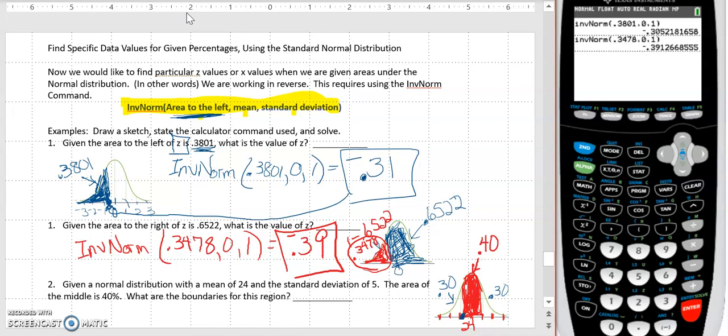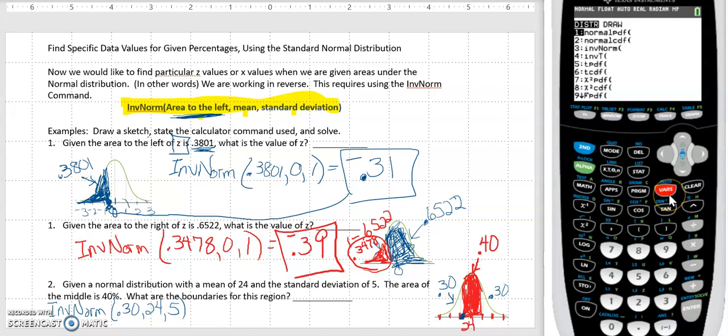So my command for this one, I'm going to find both boundaries, but one of them is going to be inverse norm, area to the left, which is 0.30, mean 24, and standard deviation of 5. So going back over here, second distribution, inverse norm, 0.30.